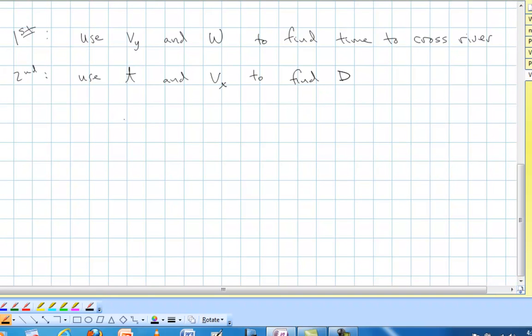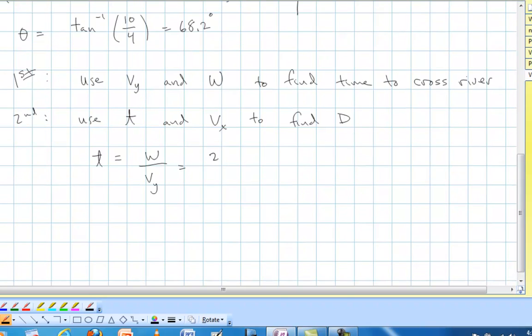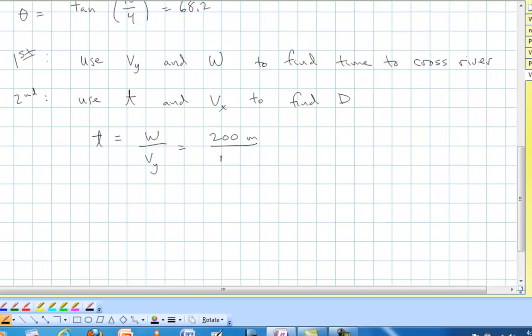The time it takes to cross the river is going to equal the distance divided by the velocity. The distance was 200 meters, and in the y direction, the velocity across is 10 meters per second. So it takes 20 seconds to cross the river.